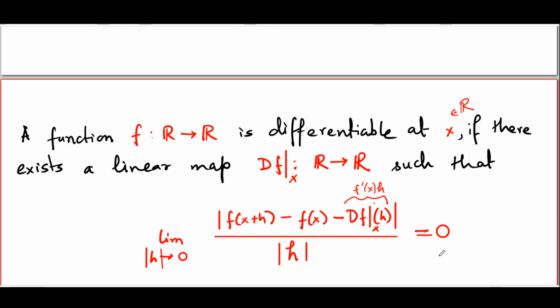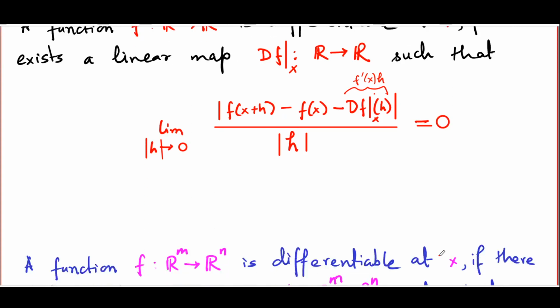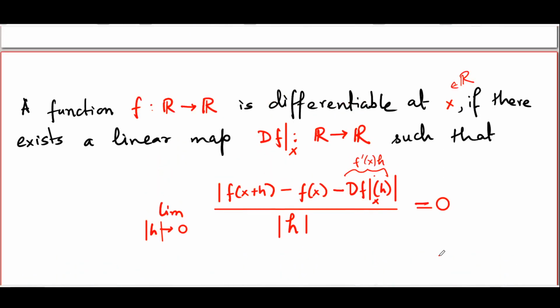Now, if such a df at x exists, such a linear map exists, we say that the function is differentiable, and df is of course what we call the differential of f at the point x.